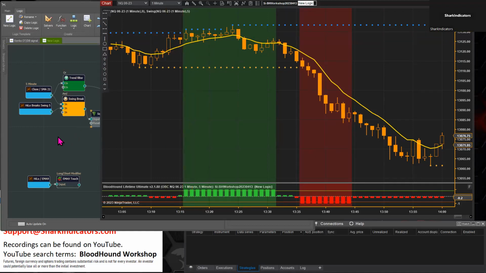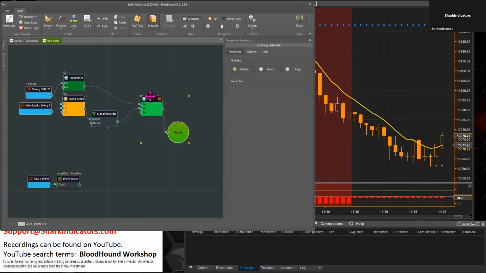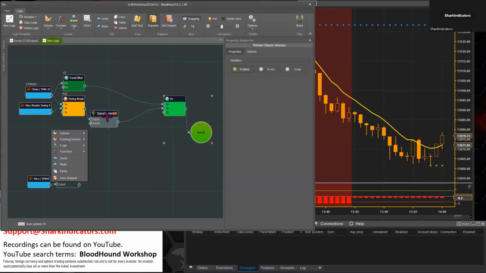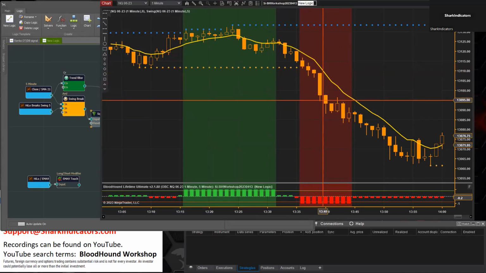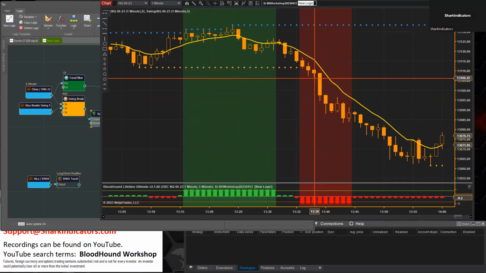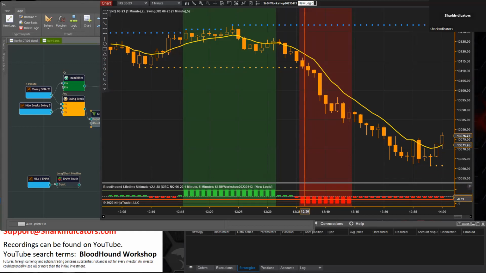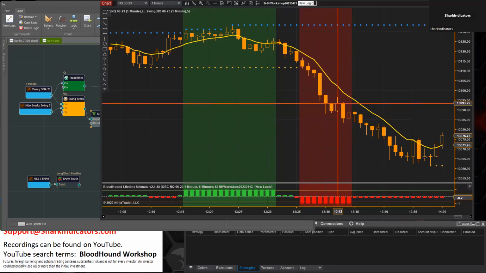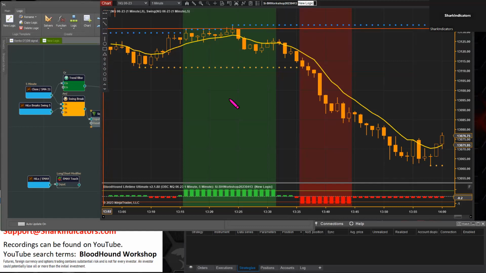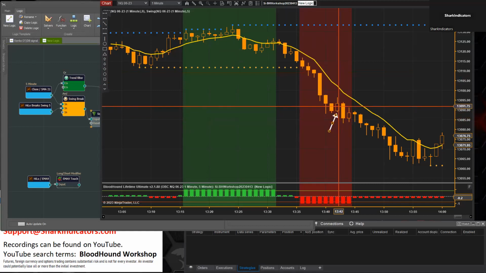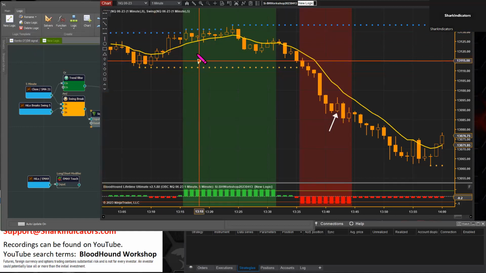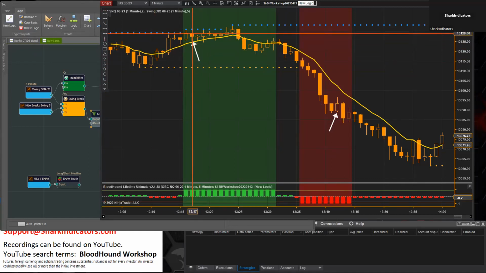So we know we need continuous down bars for this short signal extender. As soon as we get this up bar, bingo, that's going to start the pullback sequence, just like this down bar is going to start the pullback sequence for a possible long signal.